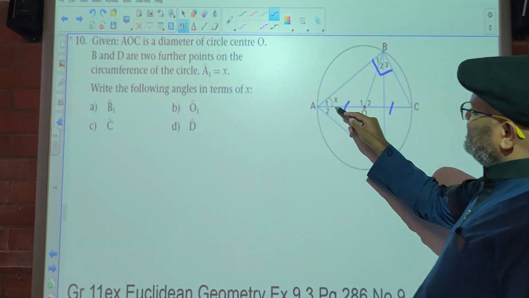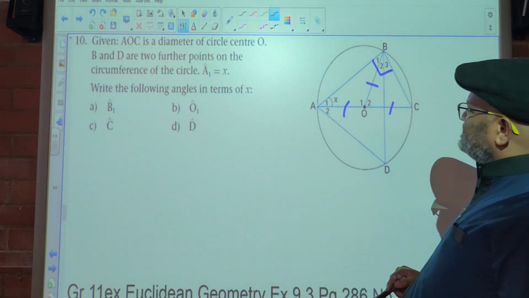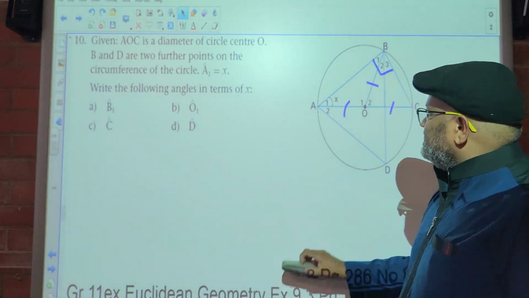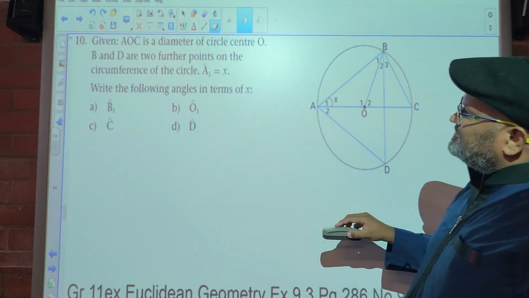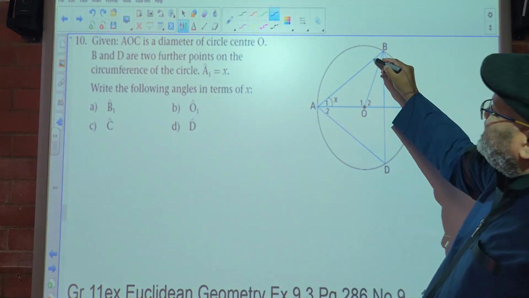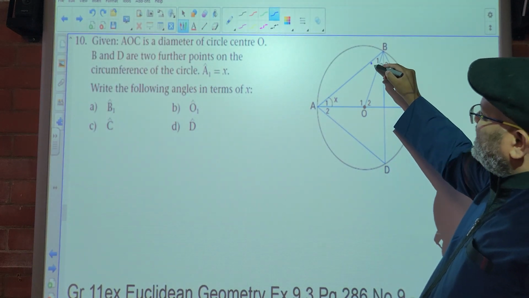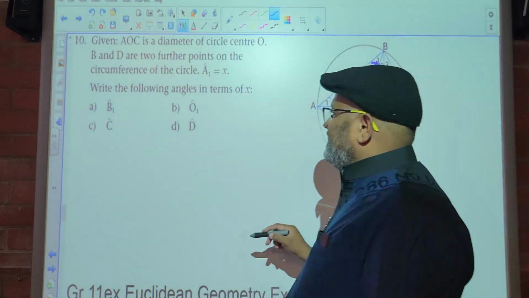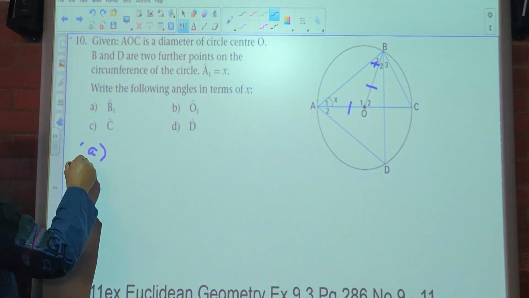Remember, these are your radii there, so that is also the same. So let's go. B1 in terms of x. If A1 is x, B1 would be x. Why? Angles opposite equal sides. You all okay with that?